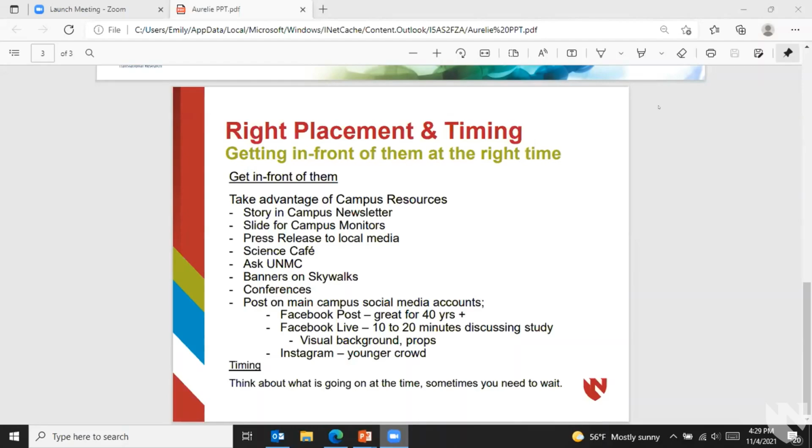And then timing is also on this, just thinking about, okay, I know exactly what platform I want to use, my study has been approved, is this the right timing? So these are the avenues that you should also look into, and some work better than others. It just really depends on what your study is about. And again, our department will walk you through and let you know which one would work better.